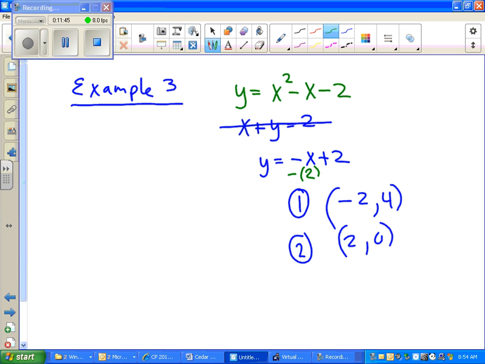Yeah, it works in there. Up here, if I put 2's in for the x's, as I solve this, I should get y equal to 0. 2 squared is 4, minus 2 is 2, minus another 2 is 0. So it works in both. Okay, so that's a way to check it. And I can check this one as well. I can put negative 2 in and see if it comes out to be a 4. So there's a way to check these.